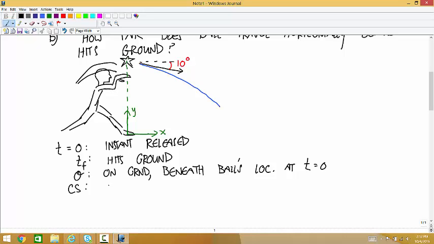And the coordinate system has the y-axis up like we always use for free fall, and the x-axis horizontal in the direction of motion. So that's the way I have it drawn here.